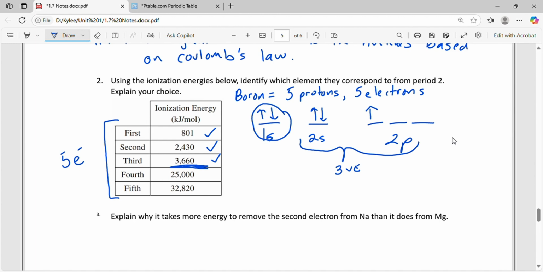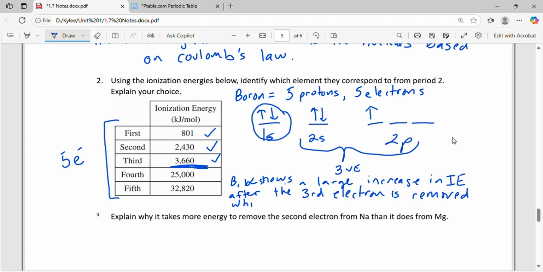And that's why we see that huge increase in ionization energy. So how can I write that and justify my answer or explain my choice that this is boron? I could say that this is boron, because the data shows a large increase in ionization energy after the third electron, which corresponds to losing 3 valence electrons.